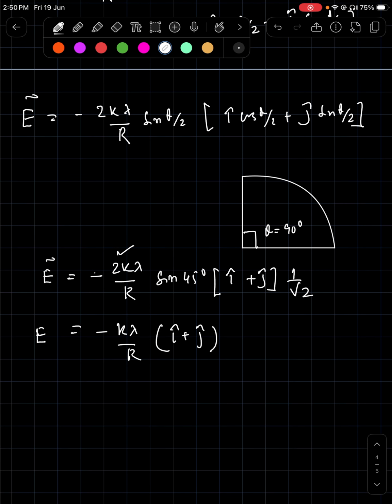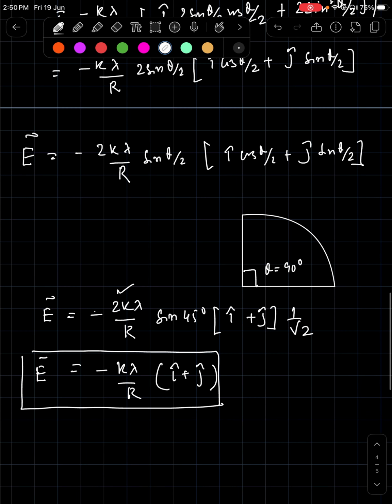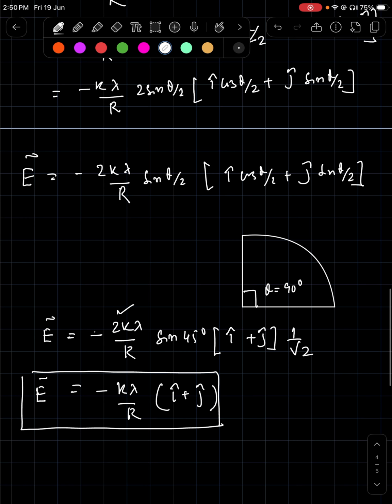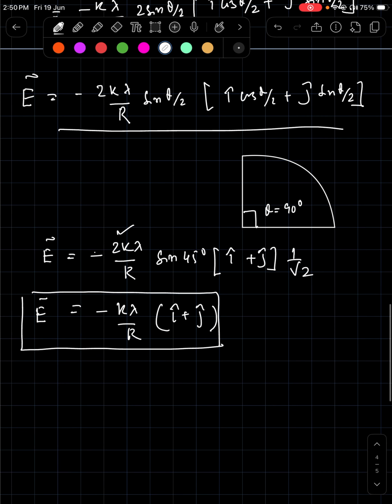So this becomes the electric field. This is the expression of the electric field at the center, and its direction can be found from here. I have taken here a special case, when the theta is pi by 2.